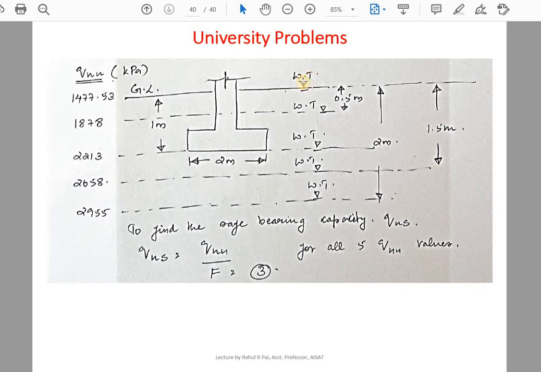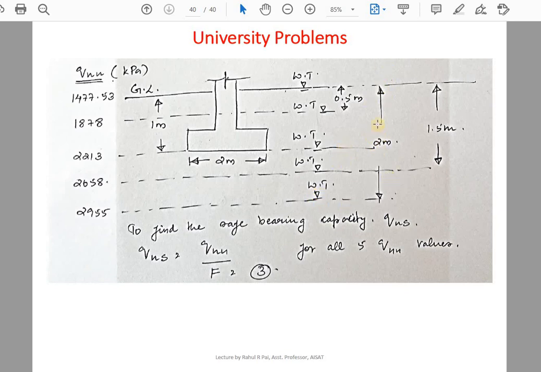So the first case is water table at the ground level, then water table at a depth of 0.5 meter from the ground level, then water table at the base of the footing, then water table at a depth of 1.5 meter from the ground level, or at 1.5 meter from the base of the footing. Then the last case, water table is at a depth of 2 meter from the base of the footing.